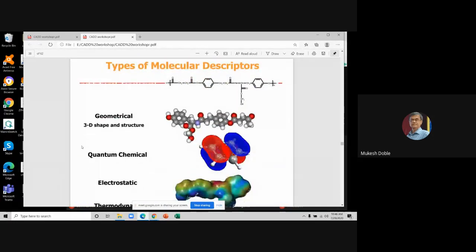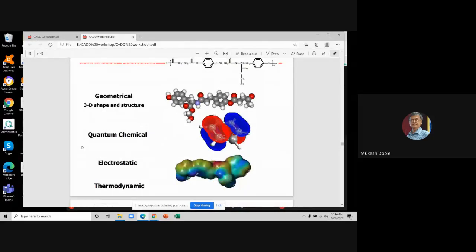Different types of descriptors are there. They are called geometric descriptors, quantum chemical descriptors, electrostatic descriptors, thermodynamic descriptors. Geometrical means shape, 3D structure, volume of the molecule, then polar surface area, non-polar surface area, how many gaps it has, then number of carbon atoms, nitrogen atoms, so many things.